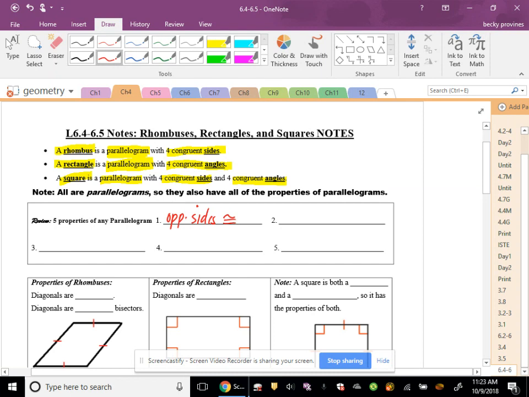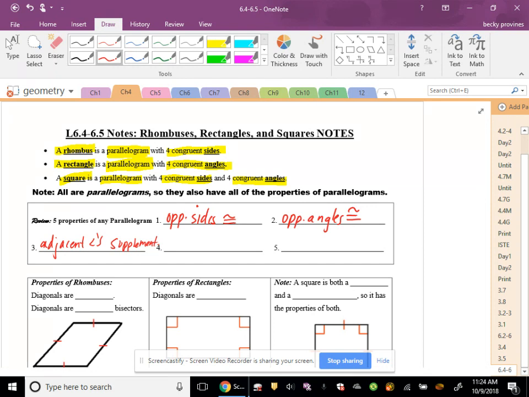Now, there's always 2 things about angles. We know that the opposite angles are congruent, and we also know that adjacent angles are supplementary. So angles that are right next to each other add up to 180. Now, so we have 2 about sides, 2 about angles.